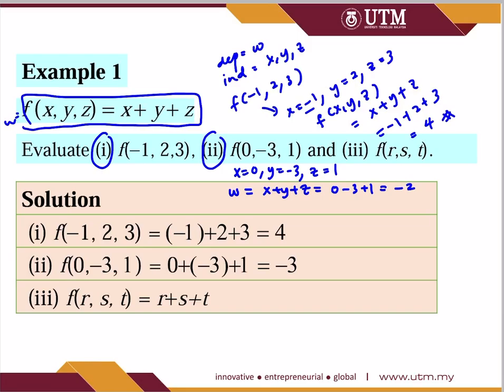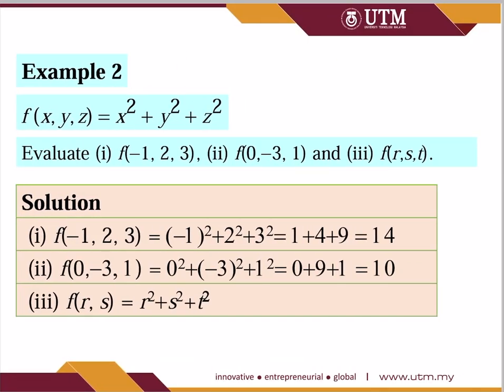So minus 2 here, it's a typo. For 3, we have X equal to R, Y equal to S, Z equal to T. So we have W equal to X plus Y plus Z. X is R, Y is S, Z is T. So this is our value.